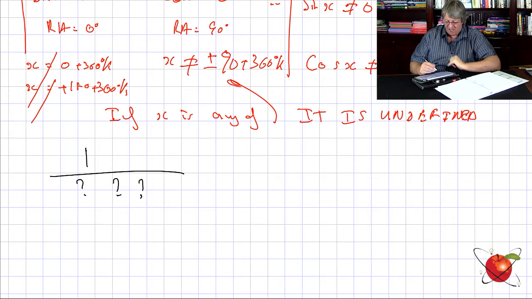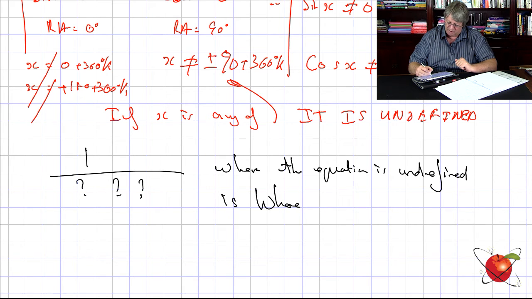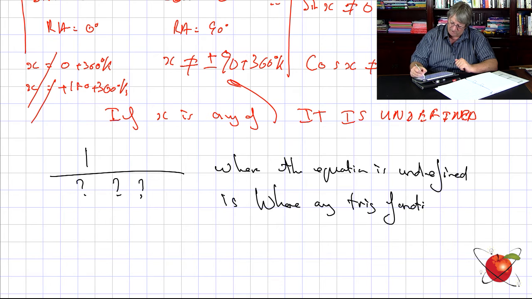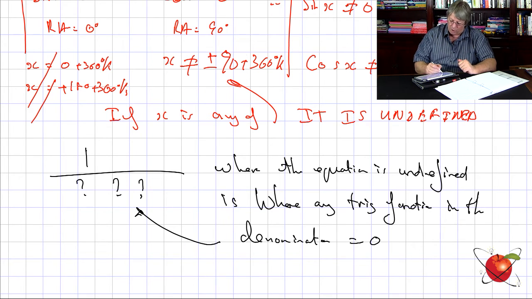And where the equation is undefined is where any trig function in the denominator equals 0. So whatever we've got at the bottom there, wherever that is equal to 0, it's undefined.